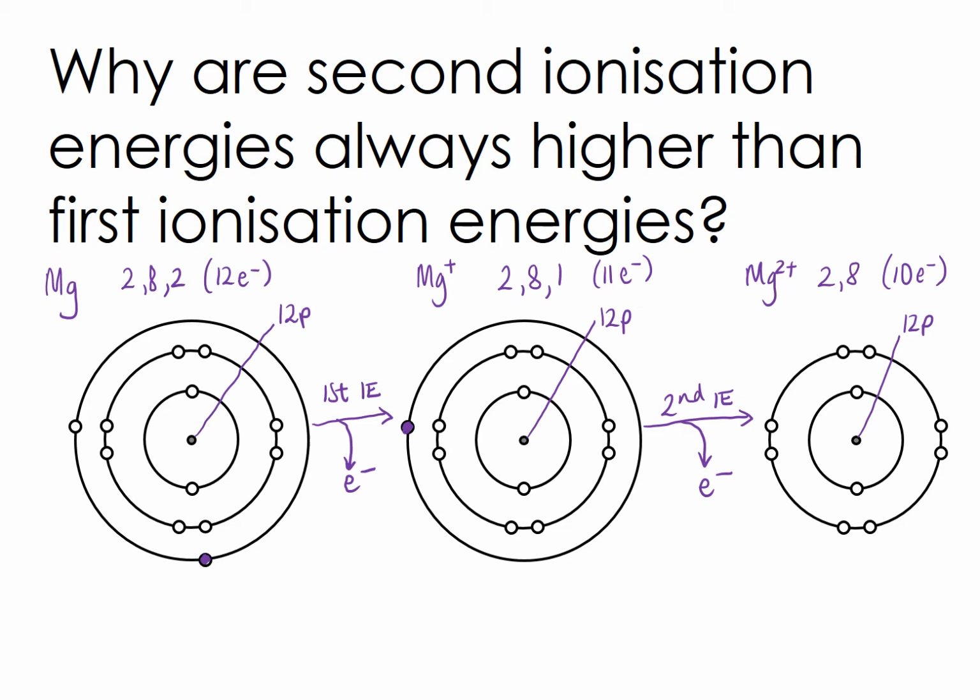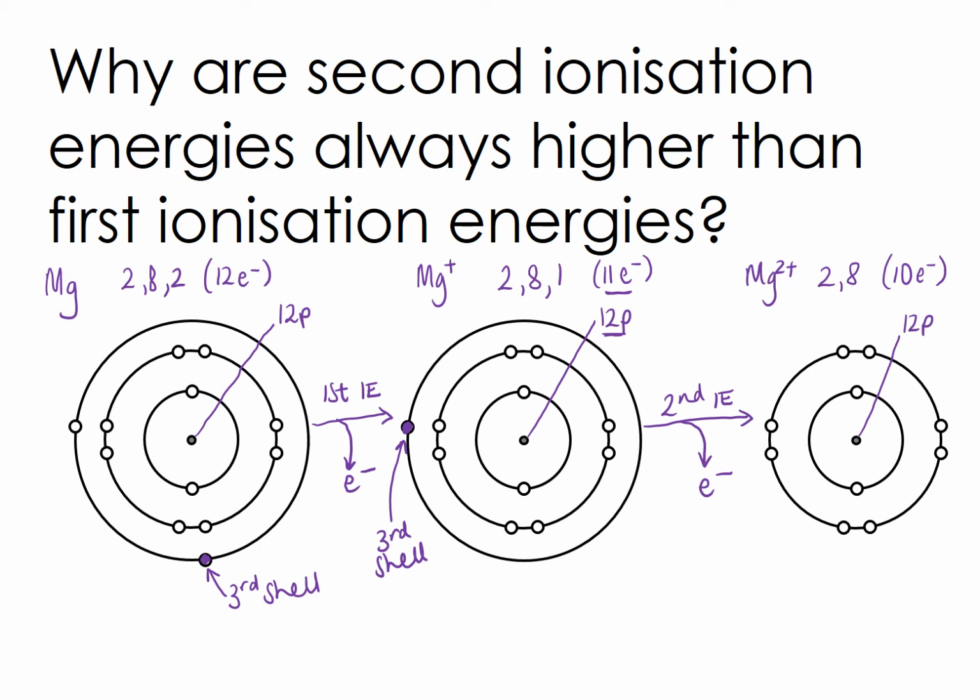If we consider the difference between the first ionisation energy and the second ionisation energy, in the first ionisation energy we've got 12 electrons in the atom altogether, and the outermost electron is in the third shell and is being removed from that third shell. In the second ionisation energy, similarly, this outer shell electron is in the third shell and is being removed, but in this case, we've got a total of 12 protons attracting only 11 electrons.